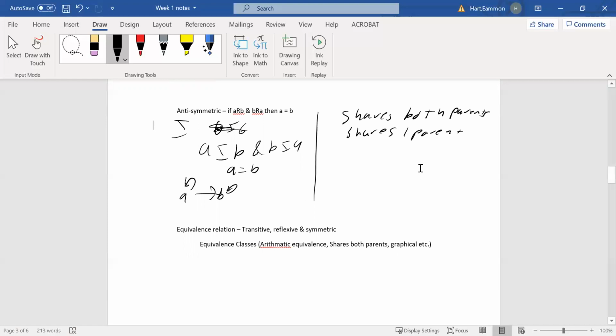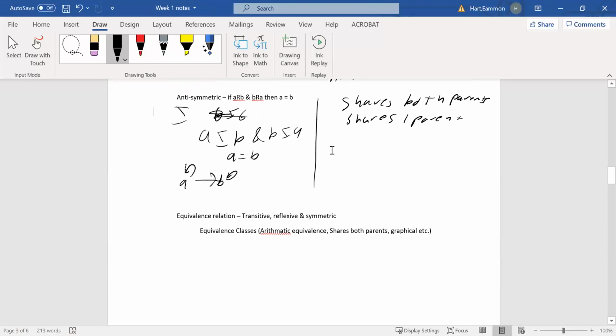These guys are both not anti-symmetric. It's a little bit weird using these two different negatives, but that's what it is.